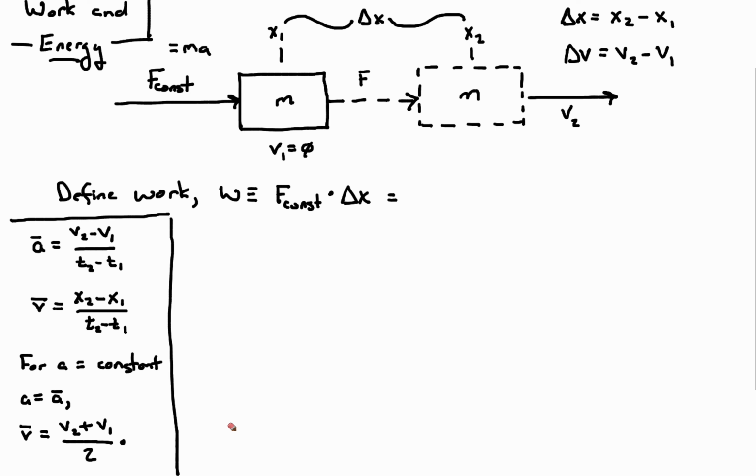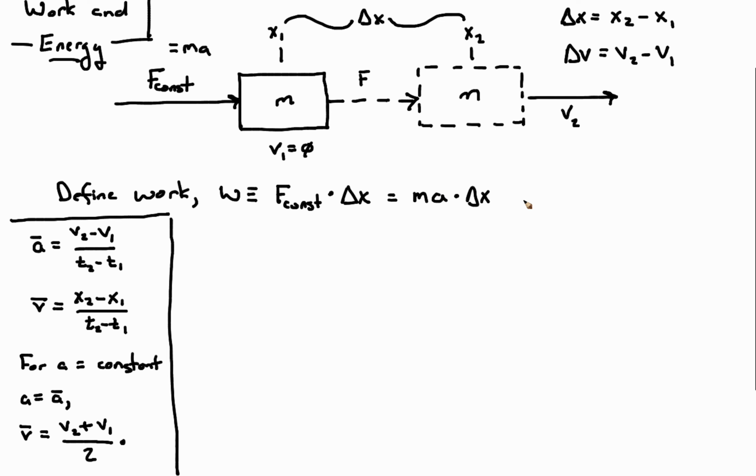So the question is, can we derive something from this expression that will relate velocities to this idea of work? All right, so let's do that. So the first thing we're going to use is we're going to invoke Newton's law, which is that F equals ma. So in this case, we're going to have that F is equal to the mass of this body, whatever it happens to be, times the acceleration, and then that's going to be multiplied by the displacement, the change in x position.